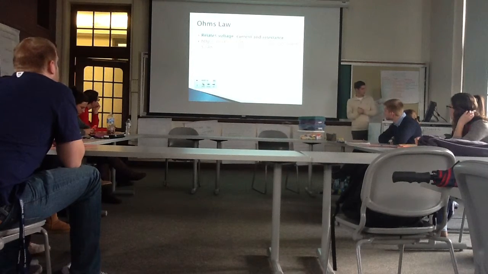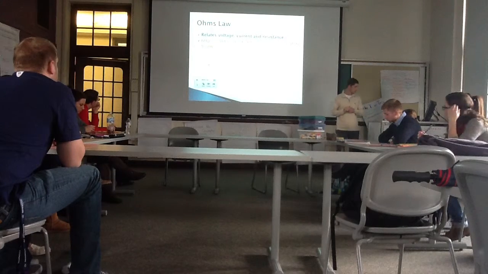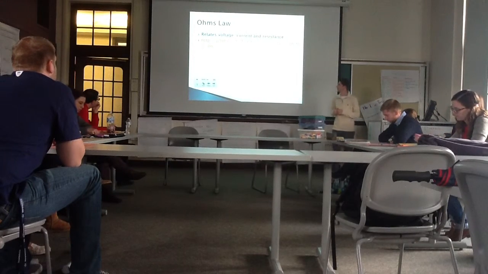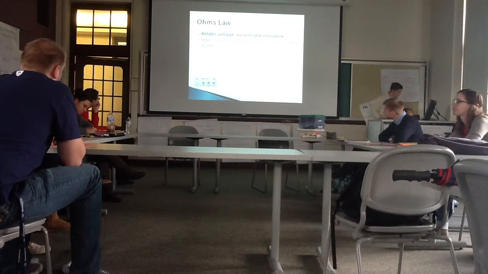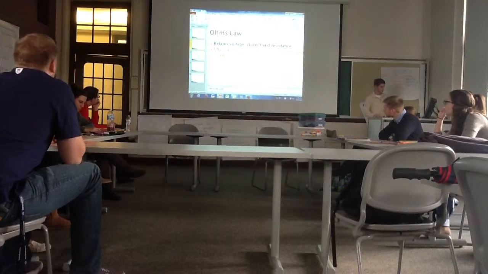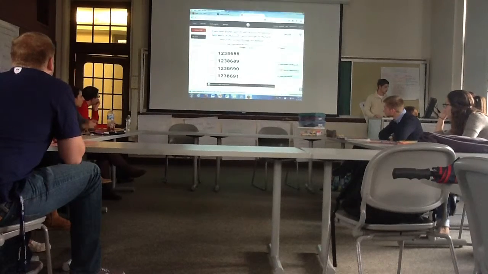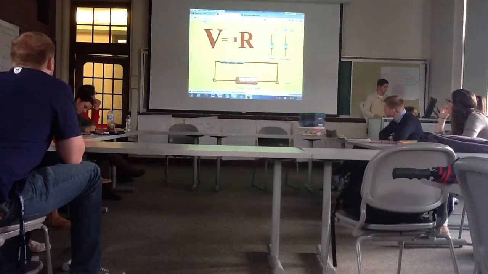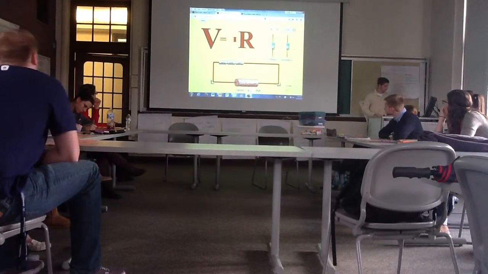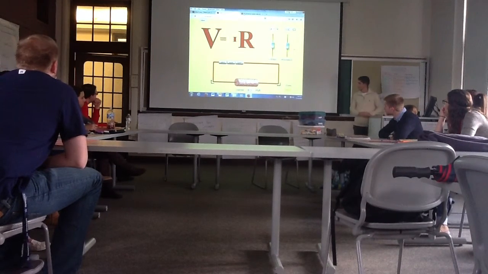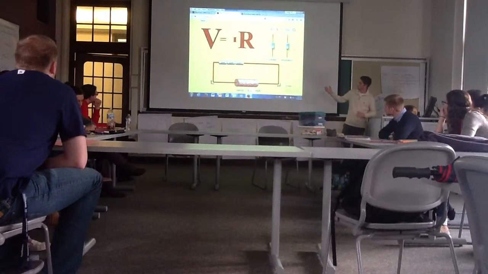Alright, what we're going to do is come up with our own kind of relationship between voltage, current, and resistance. And in order to do that, we're going to use a simulation right here. The V equals IR, you see right there, that's the relationship of Ohm's law.